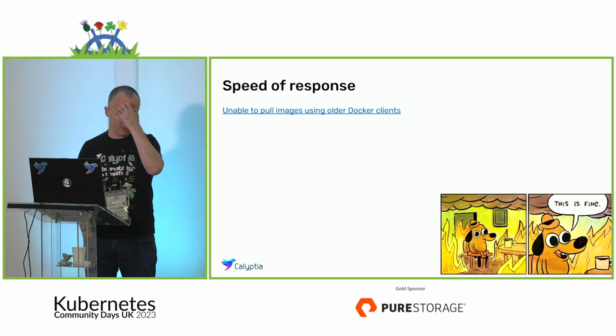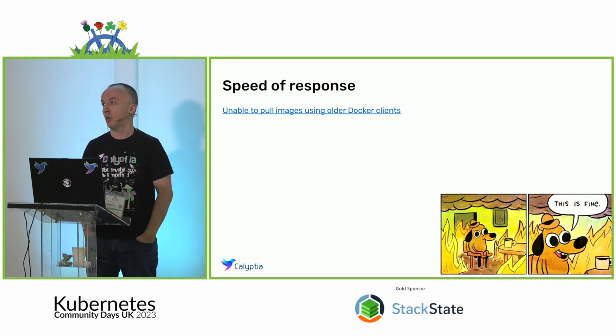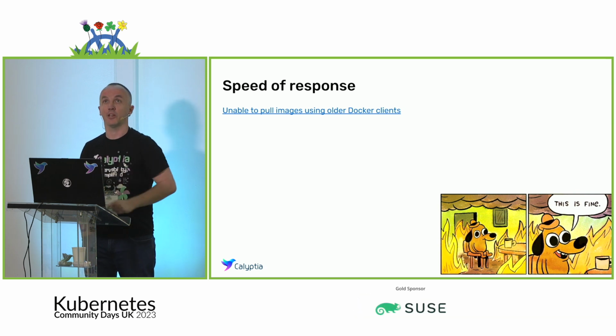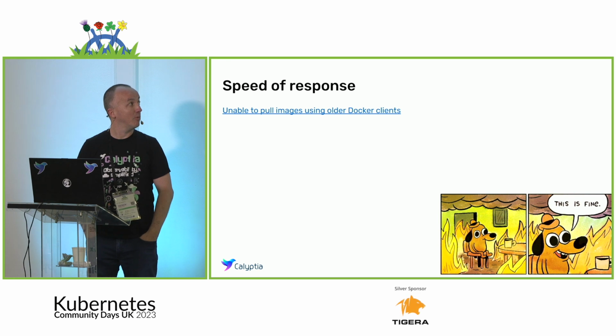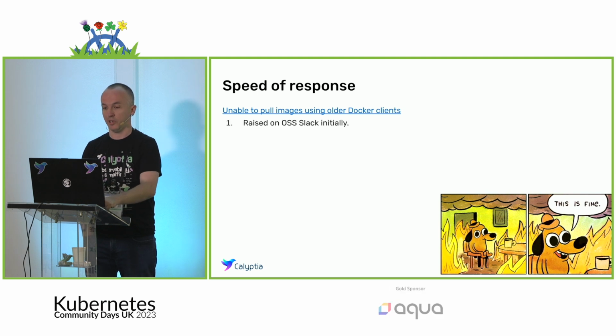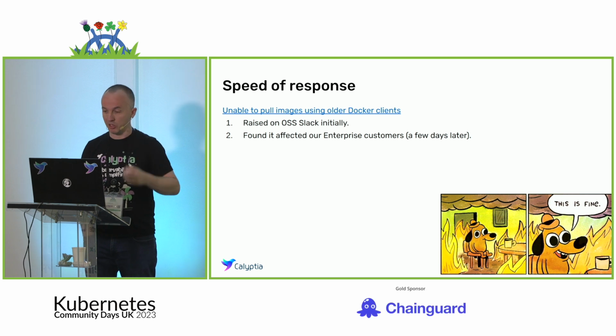I first saw this on the Slack channel. Someone was reporting they couldn't pull our images from version 2.0.4, I think, upwards on their older Docker clients. Everything was fine on newer Docker clients, but older Docker clients just couldn't pull it. Later on, one of our enterprise customers moaned about it, but we'd already fixed it by then, so that was great.